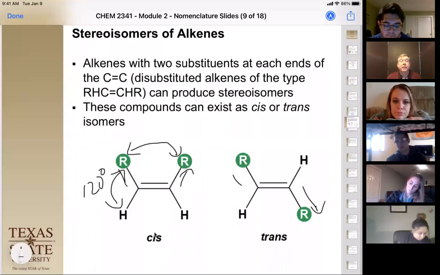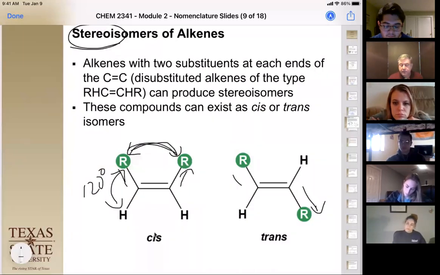So this is actually stereochemistry. This is fixed in space. You can get a bottle of 100% cis alkene, or 100% trans alkene. Okay, so that's an important part. And so when we think about stereoisomers, that's its configuration in space. And cis means same side, trans means opposite sides.